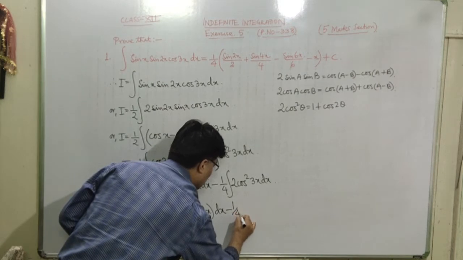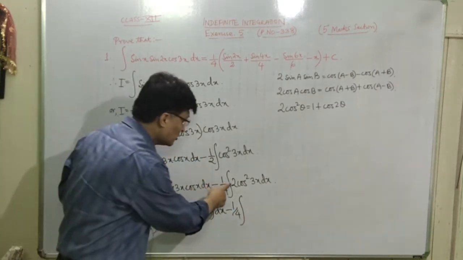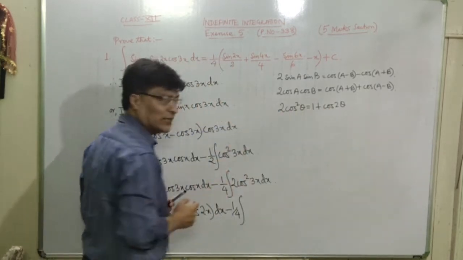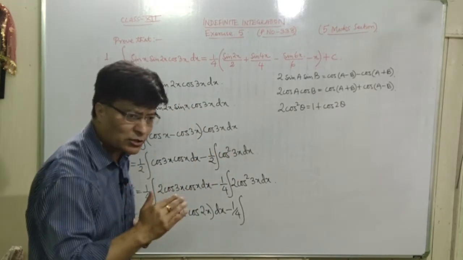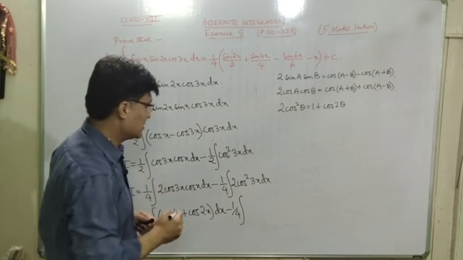Minus 1/4 integration of 2 cos square theta. This is your 2 cos square theta form, isn't it? So we can use the 1 plus cos 2 theta form. Here theta is 3x. That means 1 plus cos of double of 3x, that is 6x, right?